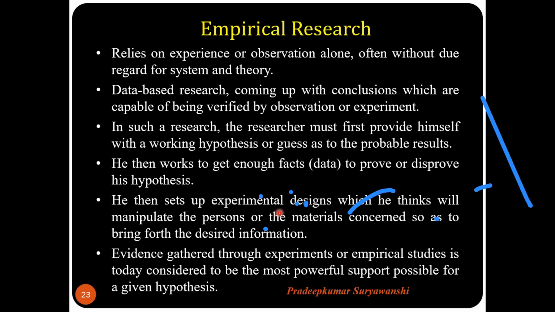He then sets up experimental designs which he thinks will manipulate the persons or the materials concerned so as to bring forth the desired information. So again, experimental design is going to be part of this course. There may be somebody who will touch upon this design of experiments, but let's see how it goes.